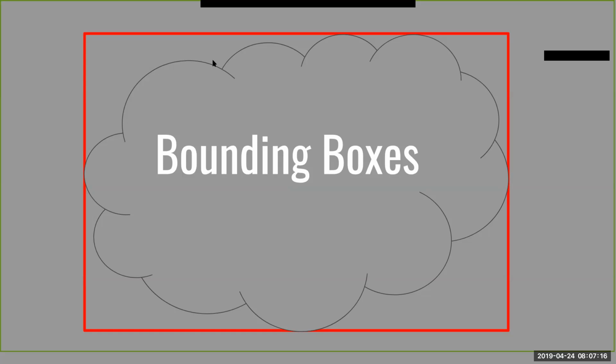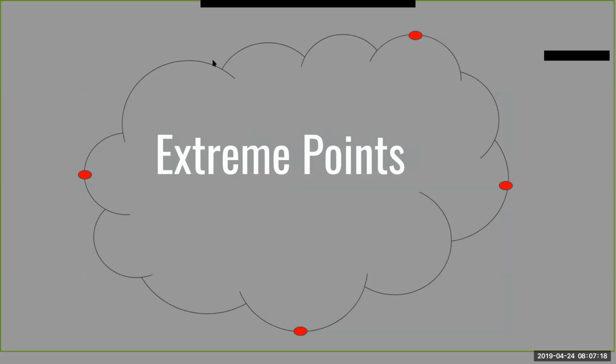So someone found that you can actually get the bounding box by just clicking on the four most extreme points of any object that you're trying to annotate. In this case, you take the topmost point, the leftmost point, the rightmost point, and the bottommost point.